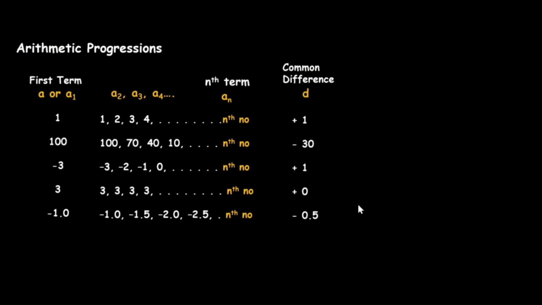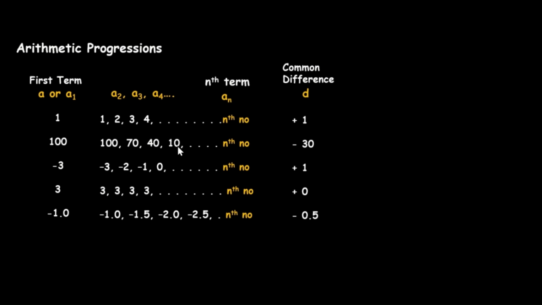So the key thing to notice here is that between any two successive terms, the difference would be d. And the d is plus 1 for this arithmetic progression, and the d is minus 30 for this arithmetic progression, and so on.